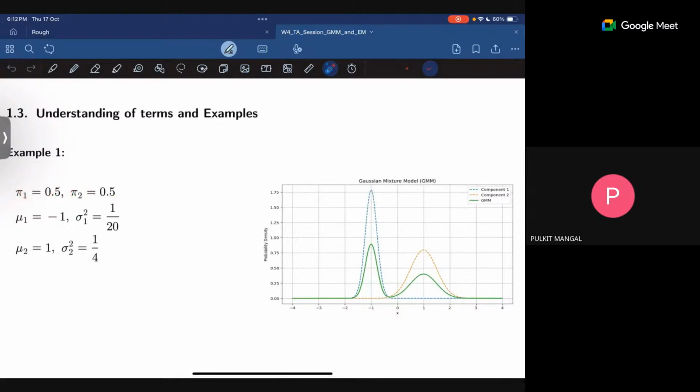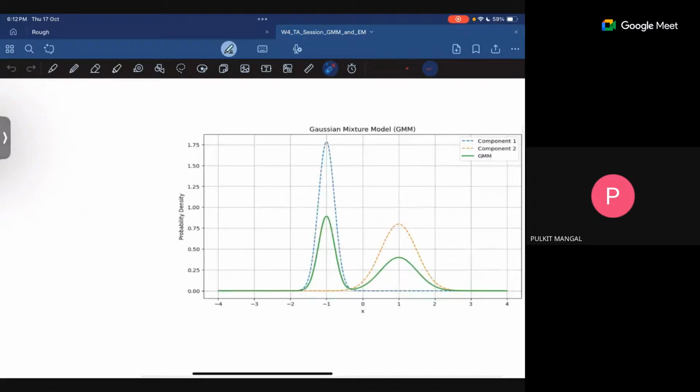Pi 1 and pi 2 are the probabilities for choosing the component, and here both are 0.5, 0.5. That means there are equal chances of choosing either component. Mu 1 and sigma square 1 denote the parameters for component 1, and mu 2 and sigma square 2 are the parameters for the Gaussian distribution of the second component.